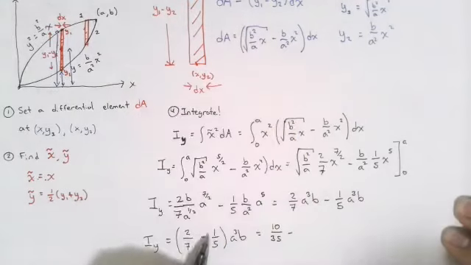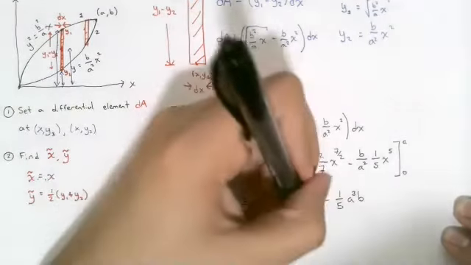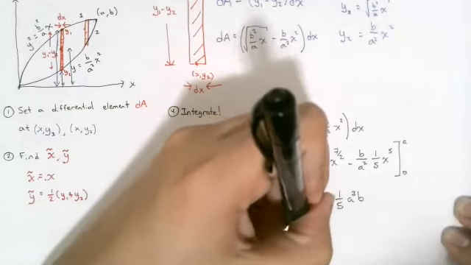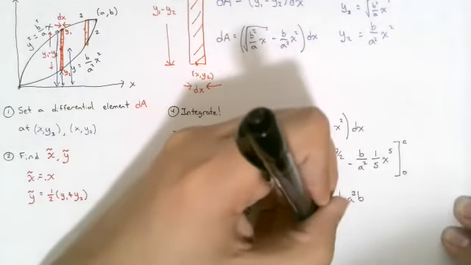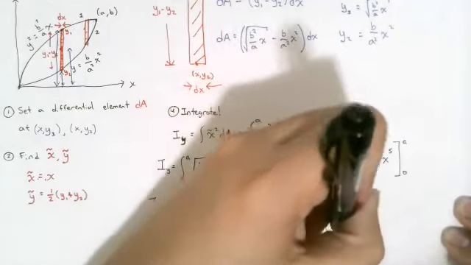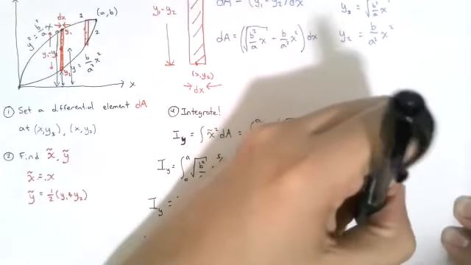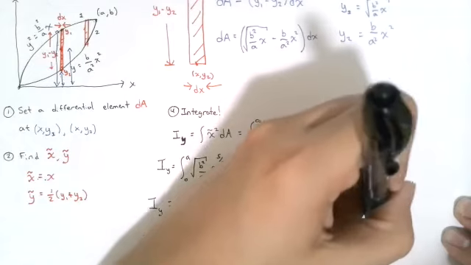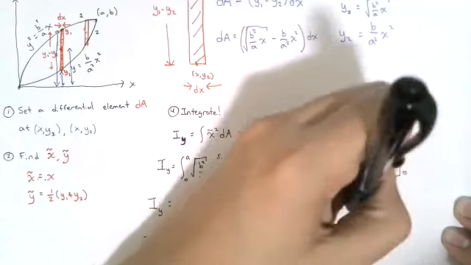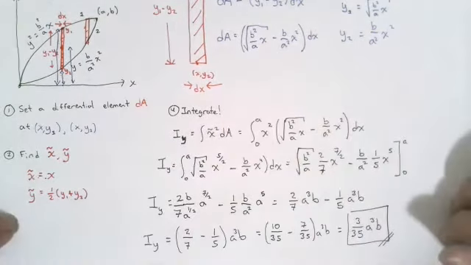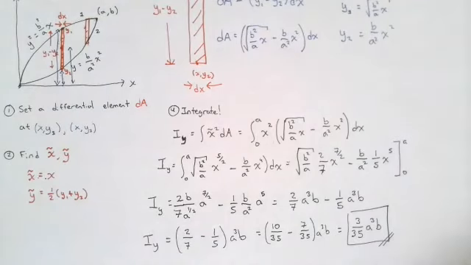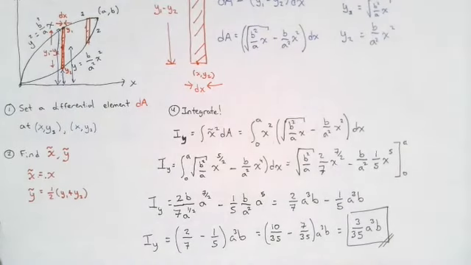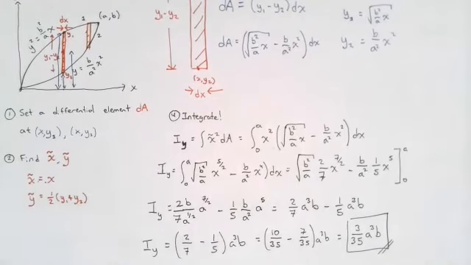If I multiply the second term by 7/7, I get 7/35. And this finally gives me 3/35 times a to the power of 3 times b. And that is the moment of inertia about the y-axis for this figure.